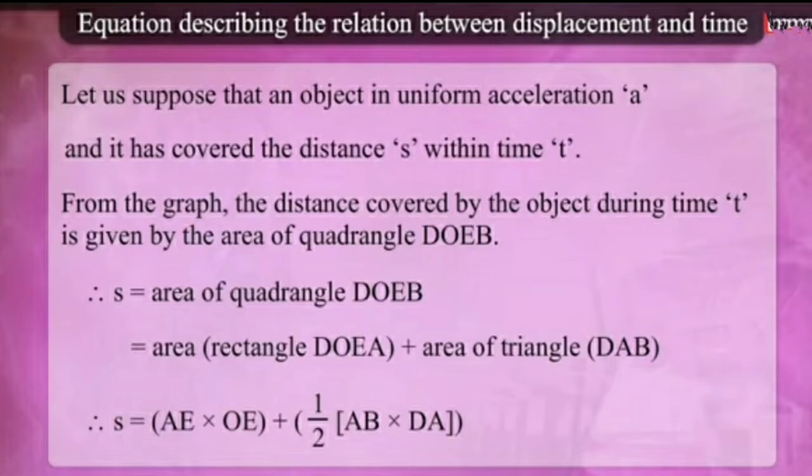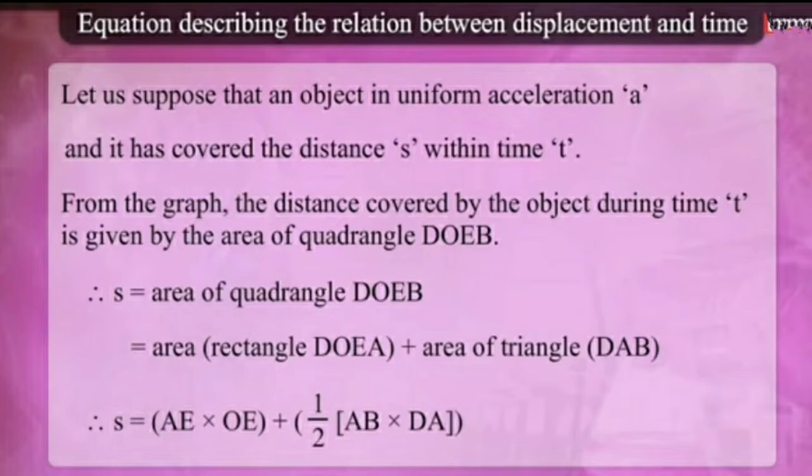Children, let us suppose that an object in uniform acceleration, denoted by a, has covered the distance, that is s, within the time t. Now from the graph, children, we can say that the distance covered by the object during the time t is given by the area of quadrangle DOEB.